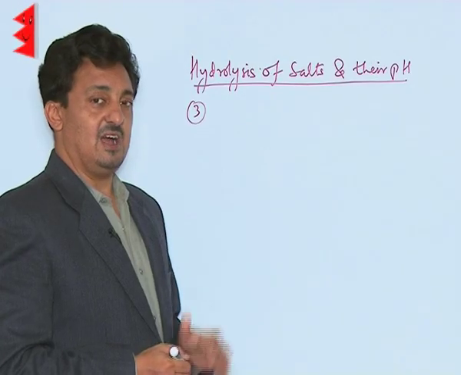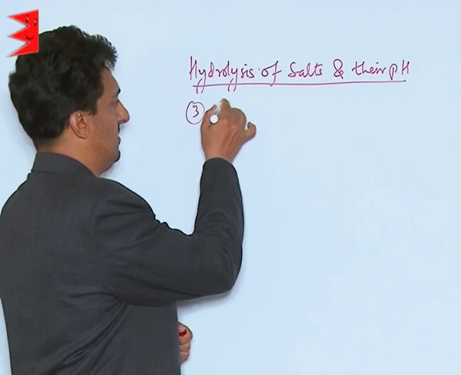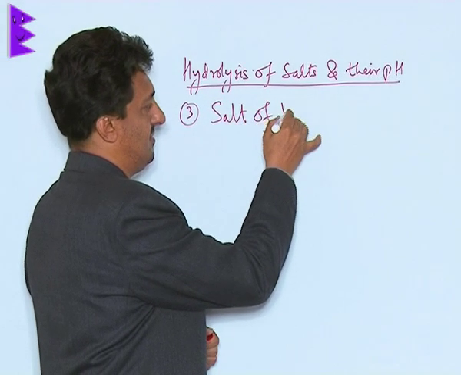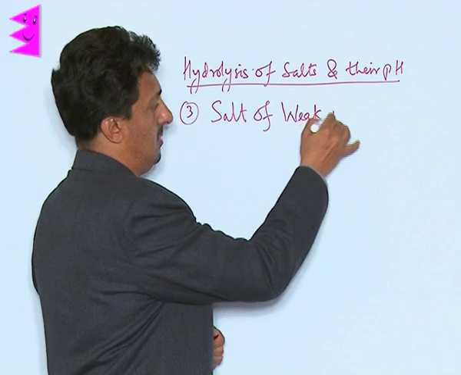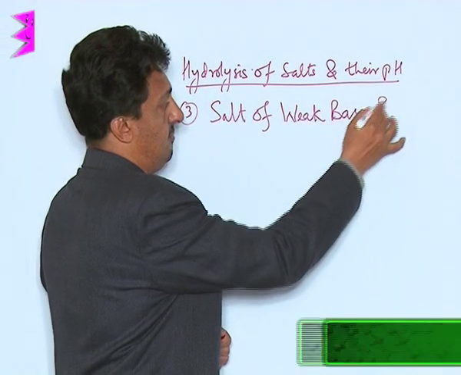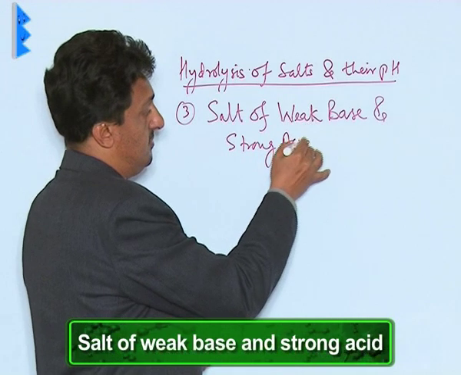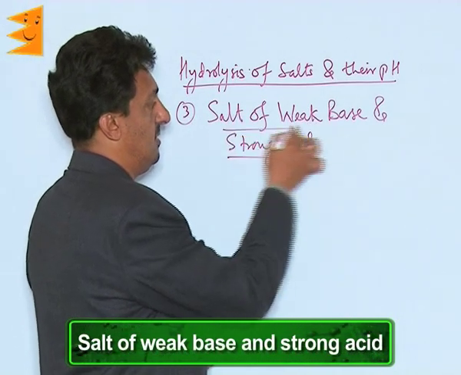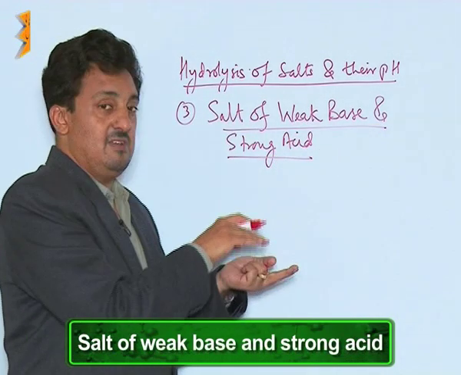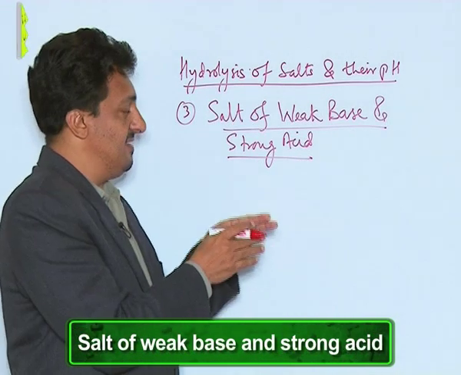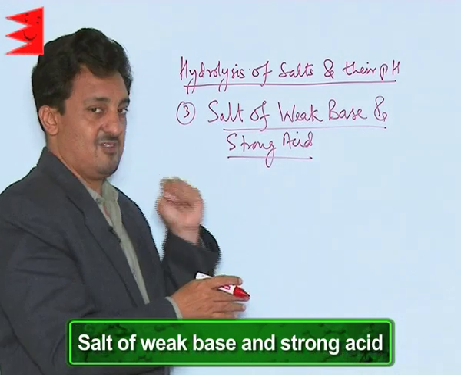Let us take the third type of salt. Salt of a weak base and a strong acid. In the earlier example, the base was strong and the acid was weak. In this case, the base is weak and the acid is strong.